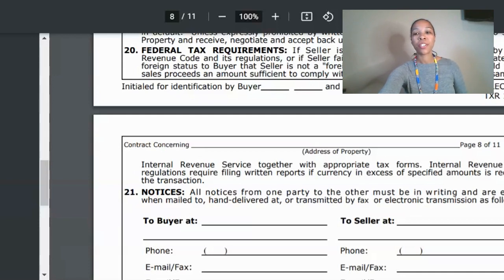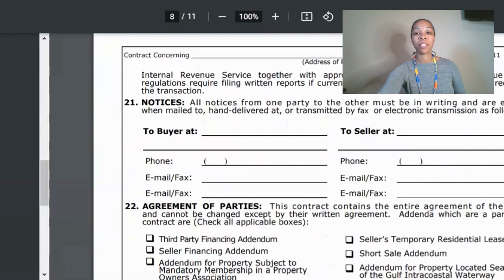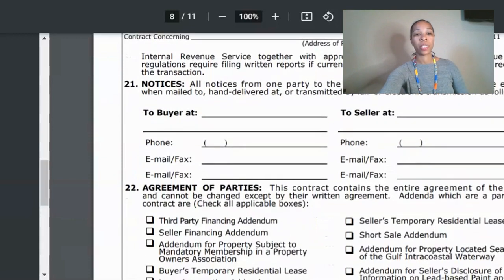Feels like it though, doesn't it? Internal Revenue Service regulations require filing written reports if currency in excess of specified amounts is received in the transaction.